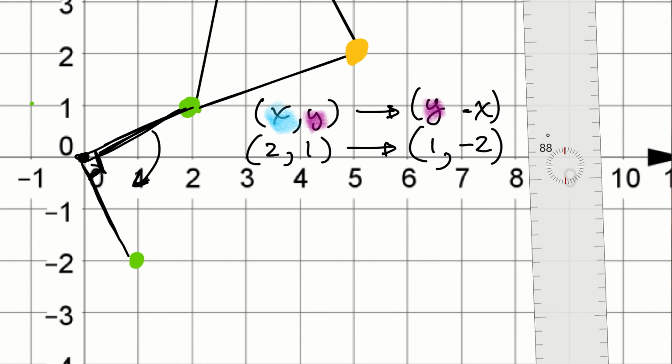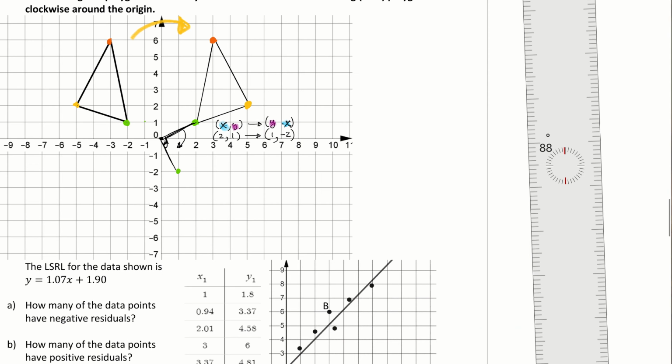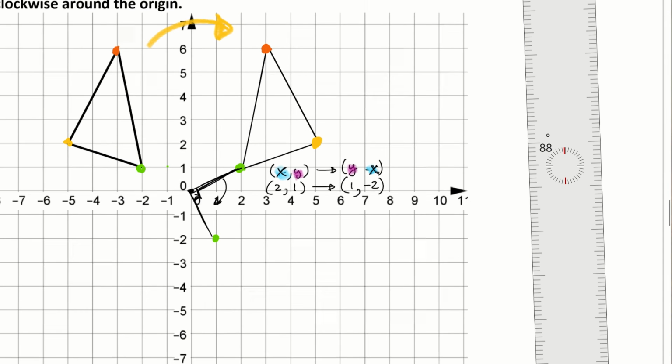Each x, y is going to go to y and x switching places, and because I'm going clockwise, when I land y into the x spot, I'm going to take the opposite sign.